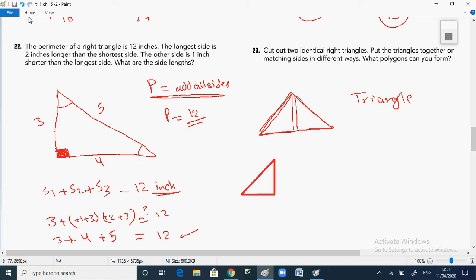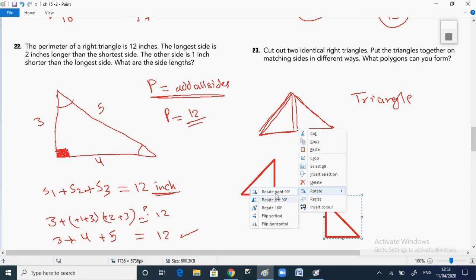So I will copy this one and make it beside it to make it very clear. Look, I want to rotate it. The question asks me to rotate. When I put them together, I will get a triangle. But I don't want to put them beside each other. I want to find another shape. Look here, I can't. I will rotate it again.